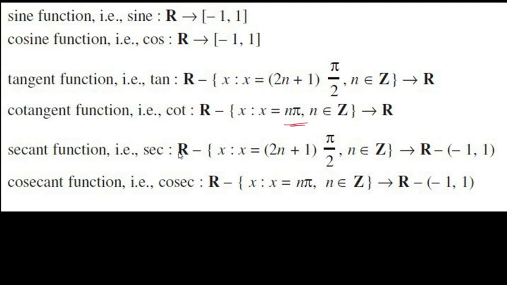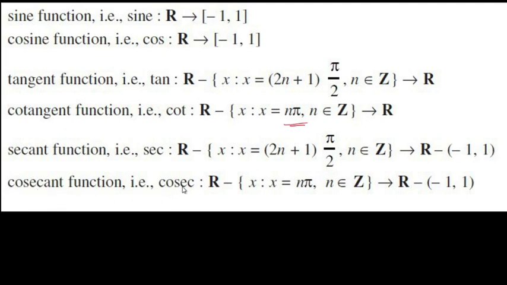Secant function, here, that is x such that x is not equal to (2n+1) pi by 2, where n belongs to the integers, excluding -1 to 1 with the open interval.